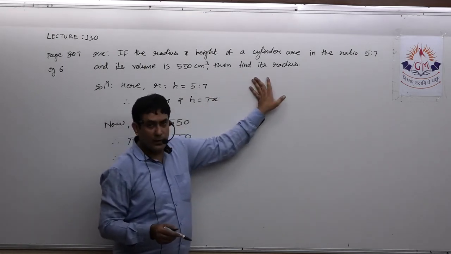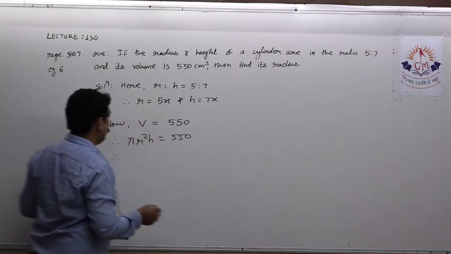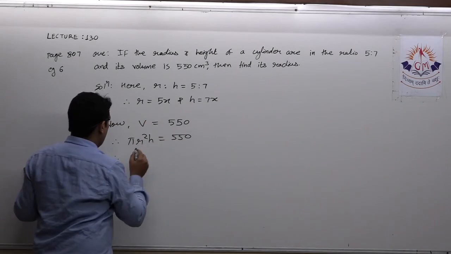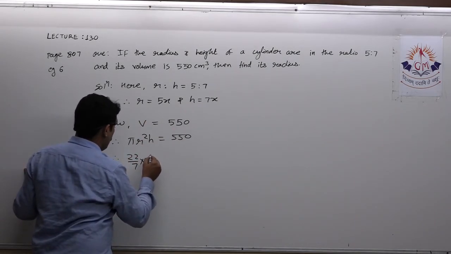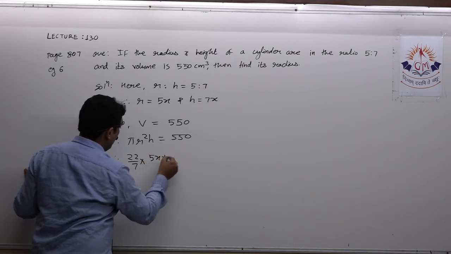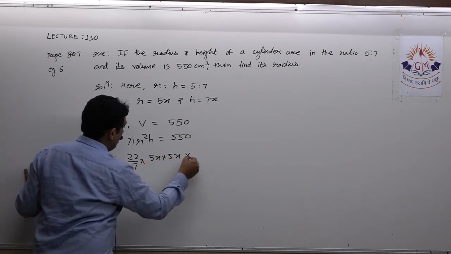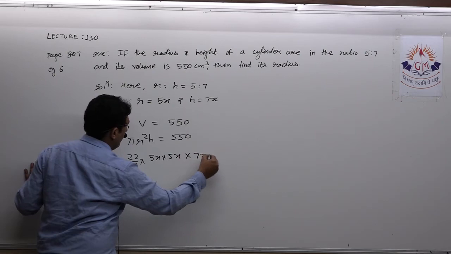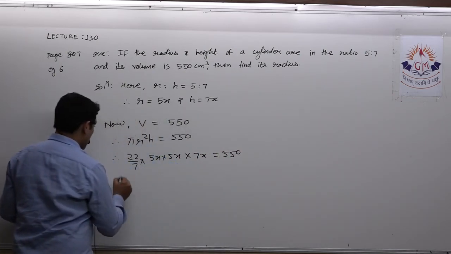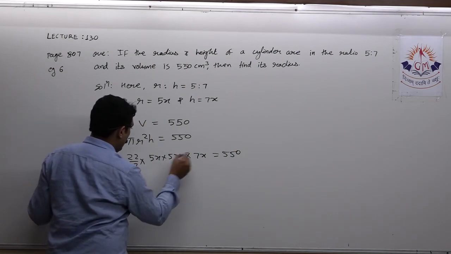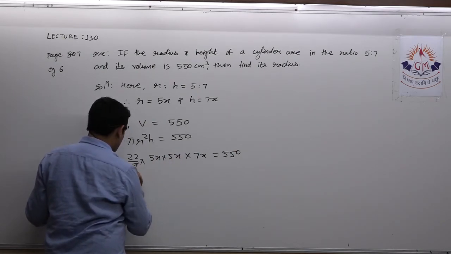But here they are asking only the value of radius. So 22 upon 7 into r, that is 5x, multiplied by 5x, into h, that is 7x, is equal to 550. Before that I can cancel this 7 and 7.